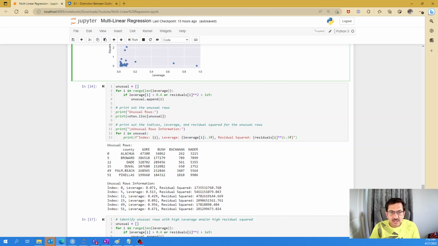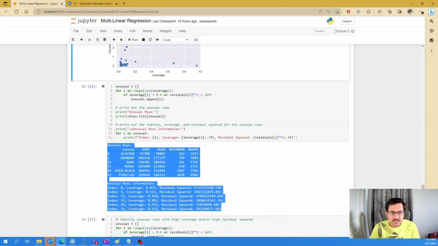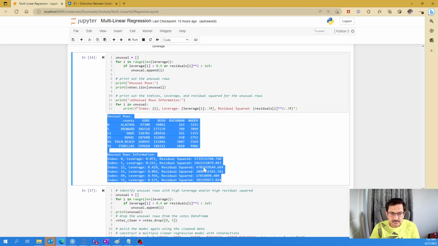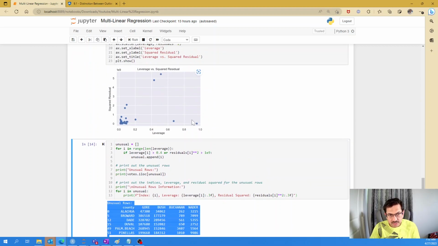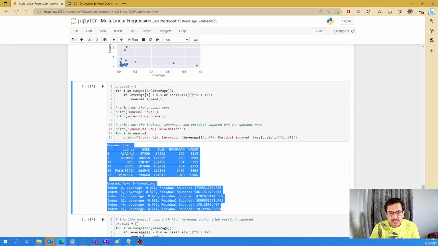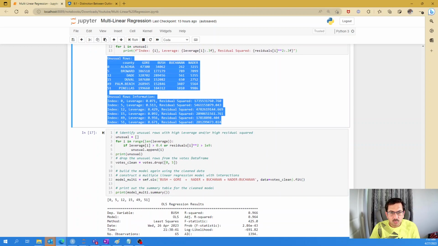Now once you got this information, these are the observations which are not following the same pattern, and in this graph they are not in this group. So what is the ideal thing?